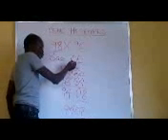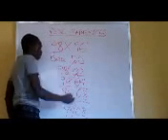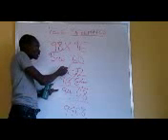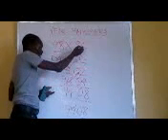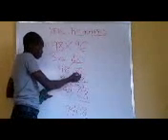Base 100 has 2 zeros. Now, the next step, you subtract both numbers from 100. 100 minus 98 is what? 2. 100 minus 96 is what? 4.